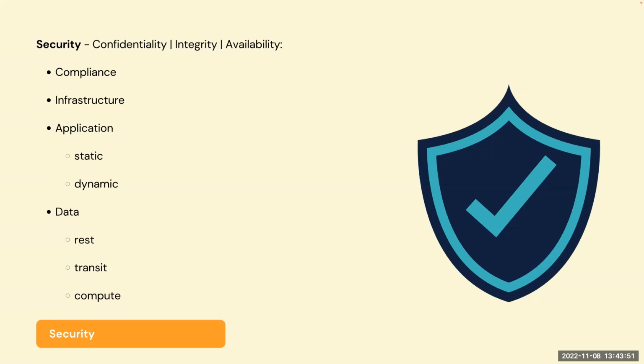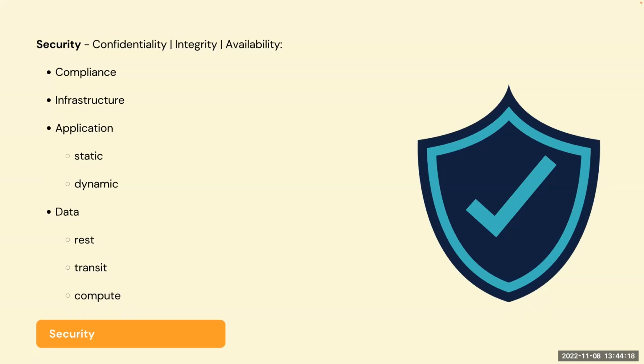Other than that, there is data security, which usually we talk about as rest, transit, compute. What does it mean? While you are processing the data, how secure is that? And if somebody steals the data, can they do something about it?